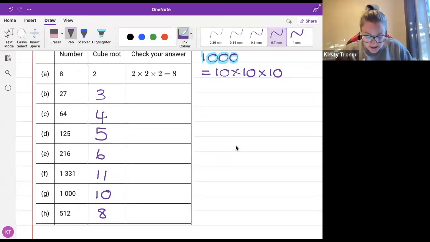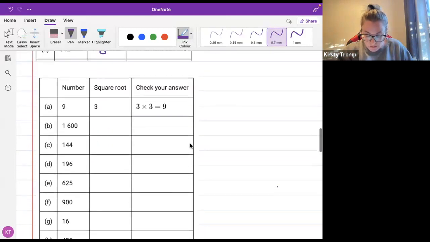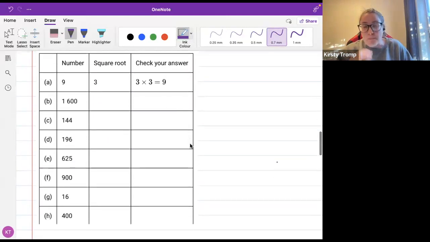So if we're looking at a number like 64, what we need to remember is that it's very important when we're doing this kind of maths to try and learn these ones so that you remember them. That's why these tables are so important, so that you do them again and again and again, over and over them, all the time.